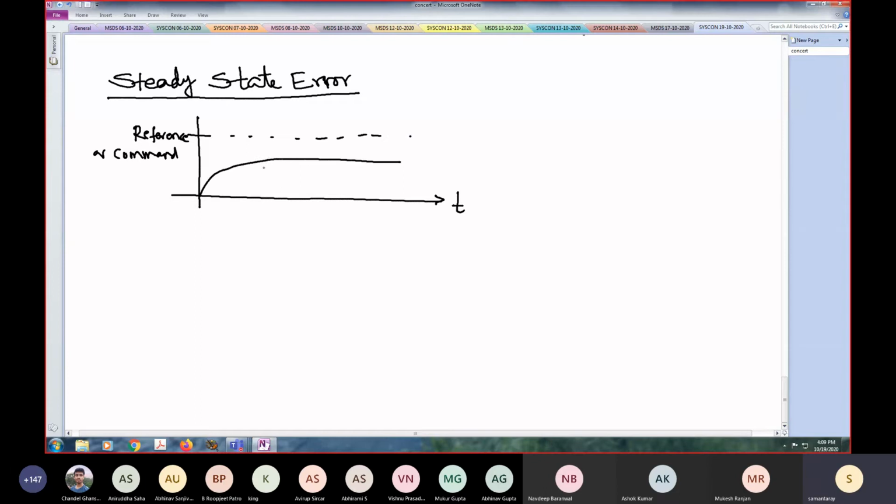The response goes, let's say, here, or the response might go like this and come back here. So this gap is called steady state error. Or in short, we write SSE. So what's that? That's the margin by which we are missing the target.